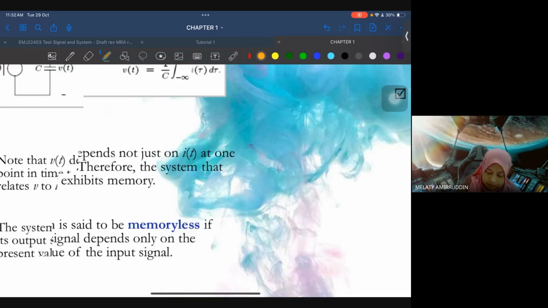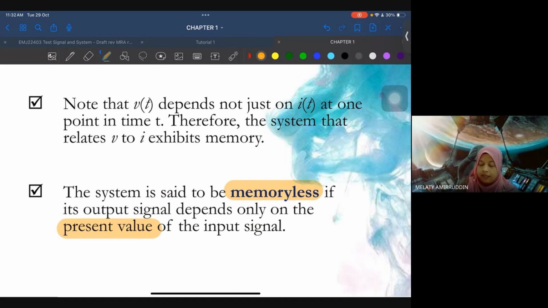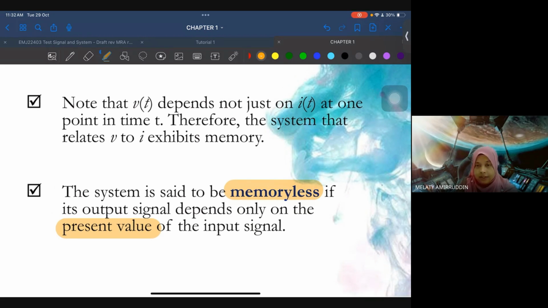What is memoryless? Memoryless only depends on the present value, masa sekarang, now. Memoryless cannot store memory, the past memory and the future memory. So it is called memoryless.